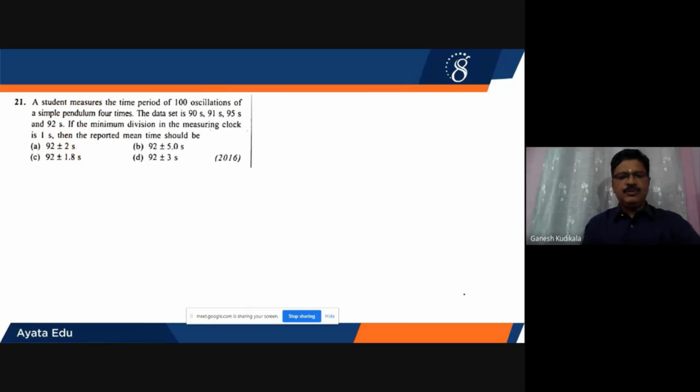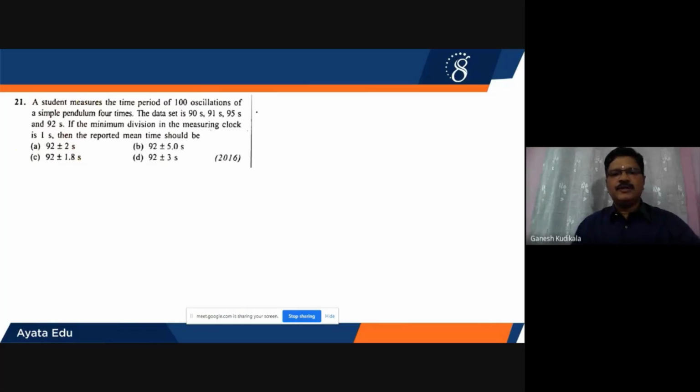A student measures the time period of 100 oscillations of a simple pendulum 4 times. Instead of calling it time period, let us call it time, because it is not for one oscillation. For 100 oscillations, the time required is 90 seconds the first time, 91 seconds next, 95 seconds the third time, and 92 seconds the fourth time.